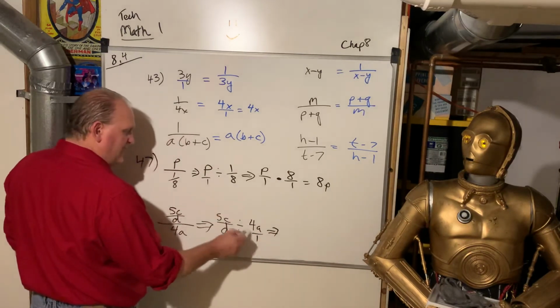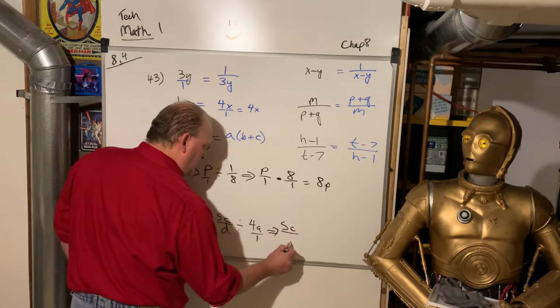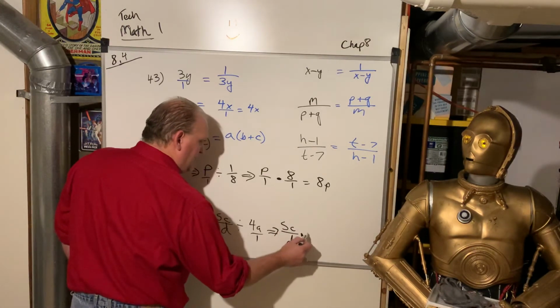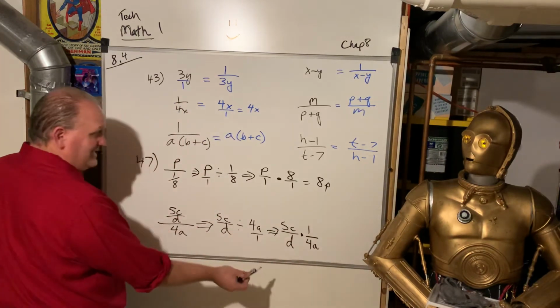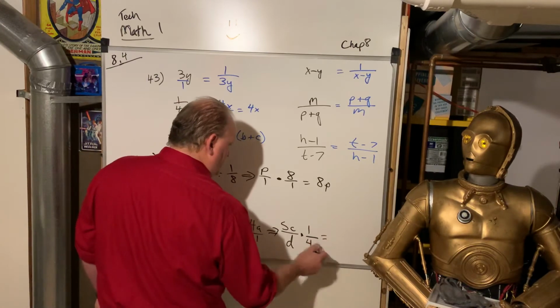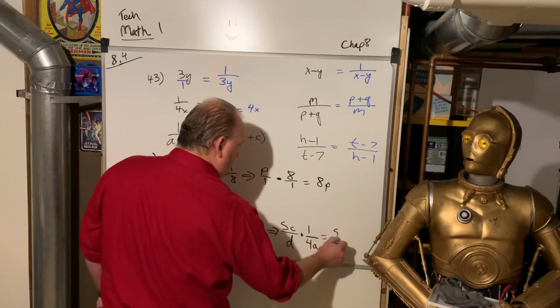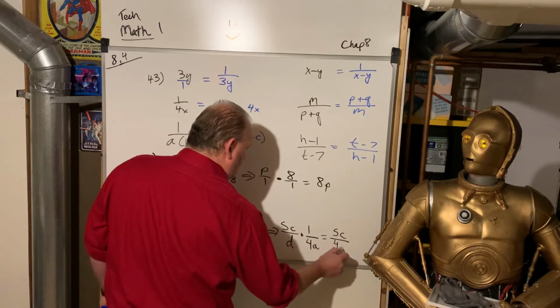We never actually divide fractions, we multiply by the reciprocal, so 5c over d times 1 over 4a. And now look, nothing cancels. There's no similar variables. There's no numbers that are going to go into each other. So 5c times 1 is just 5c, and d times 4a is just 4ad.